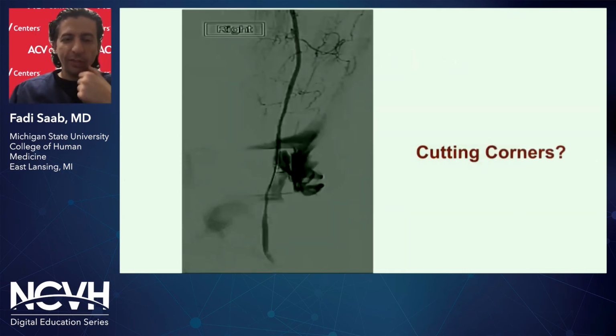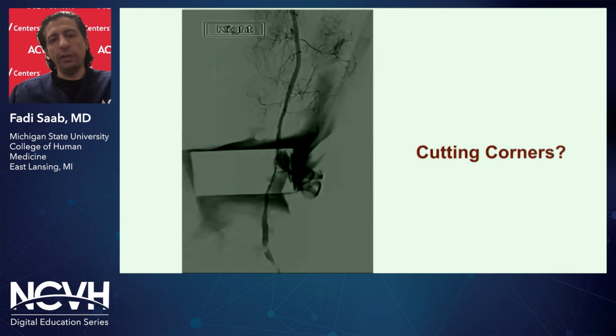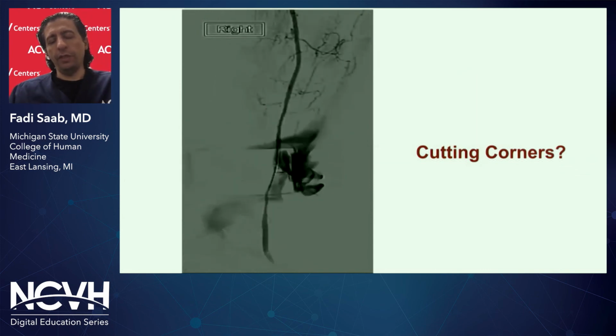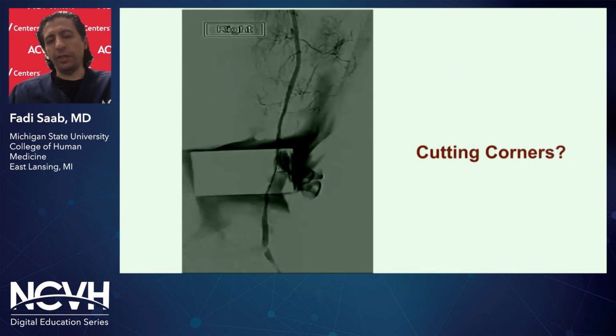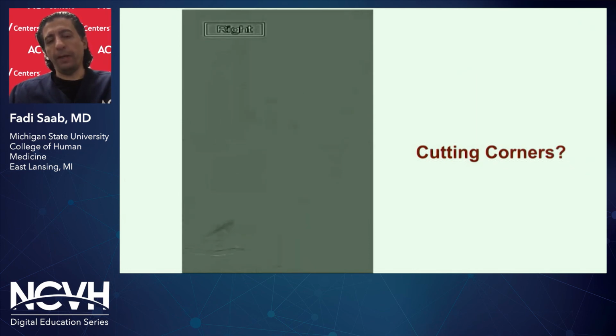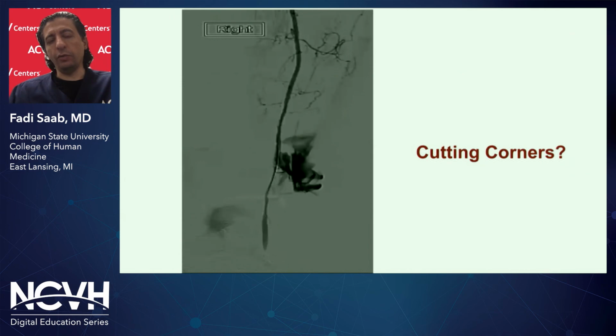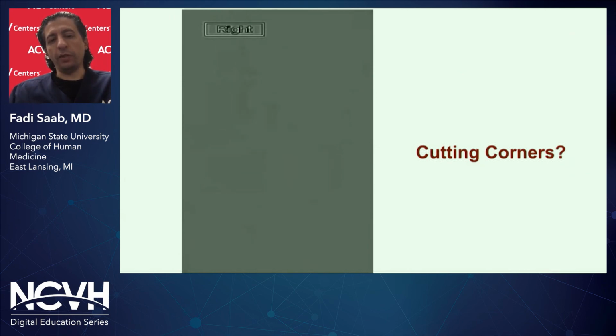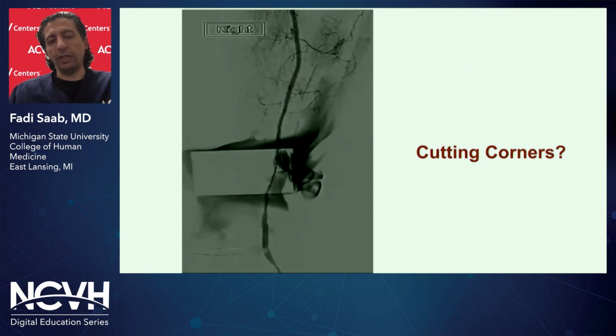This is another example. This is one of the earlier cases where we delivered therapy via pedal access, but we did not use a sheath. This is a very old complication where we tried to place a stent in a sheathless fashion, and unfortunately ended up injuring the vessel quite severely, as shown in the example here.